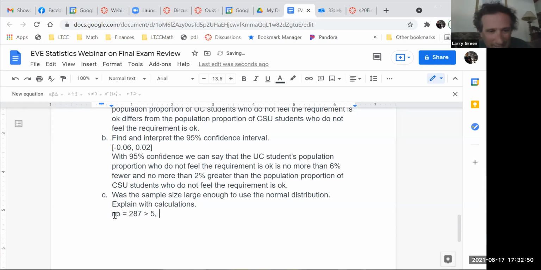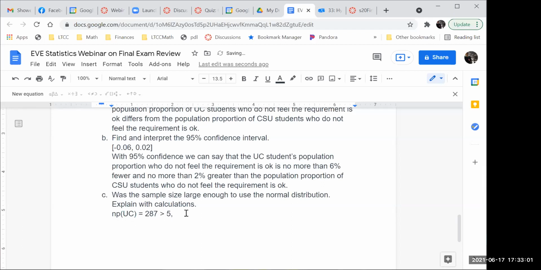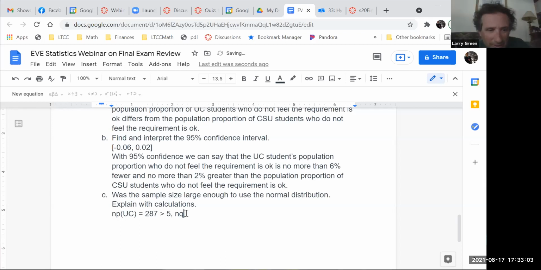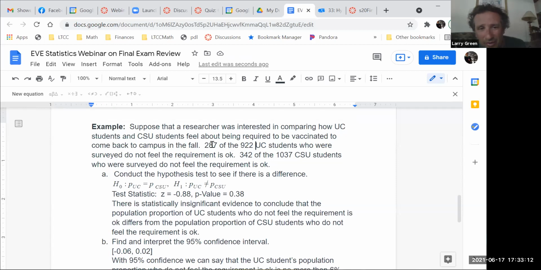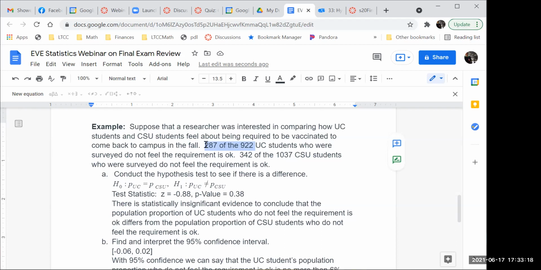Okay, and let me write NP. This was for the UCs. And then we also have to have NQ for the UCs. How do we get NQ from these numbers? It's very easy. Can we just subtract 287 from 922? Exactly.